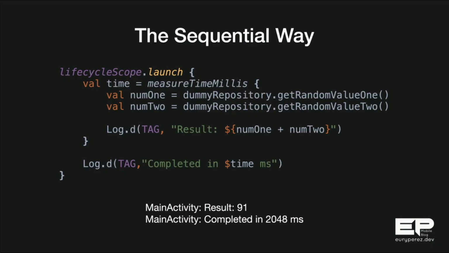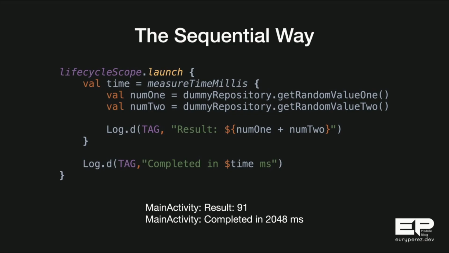As I told you before, suspend functions are sequential by default. So it will return num1, whatever number get random value 1 returns. Then when it finishes, it will call get random value 2, and then it will call Log.d, which will print out the result of these two numbers.